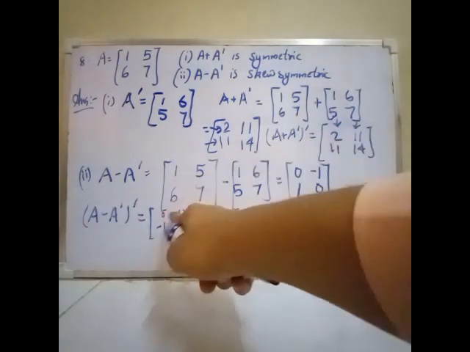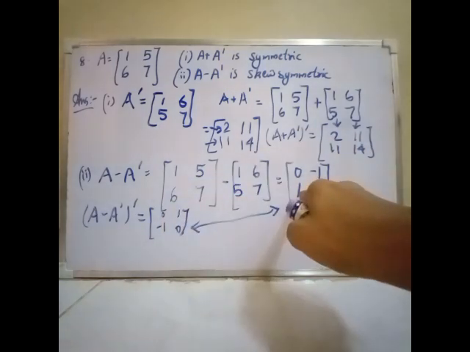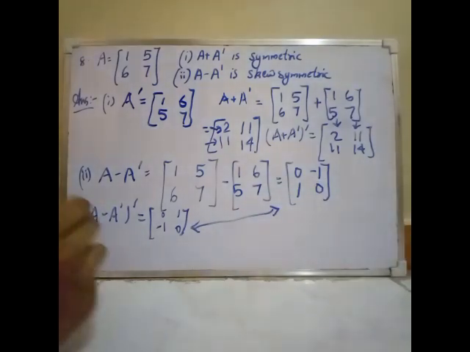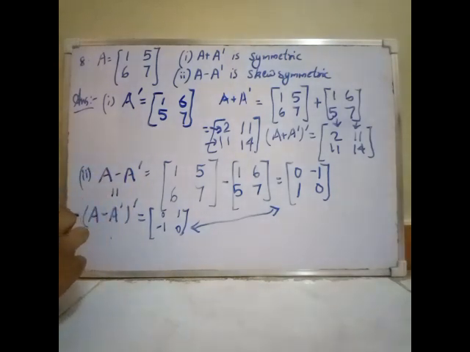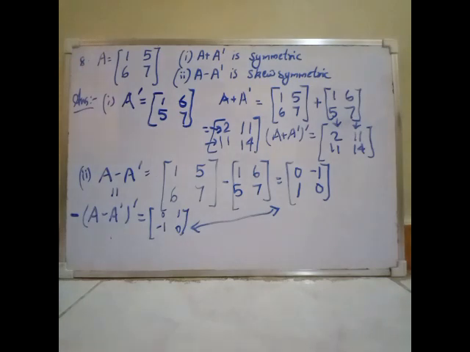If you check, instead of 1 we are having minus 1, instead of minus 1 we are having 1, right? So the signs are reversed. So A minus A dash is equal to the negative of A minus A dash whole dash, right? So this means that A minus A dash is a skew symmetric matrix.